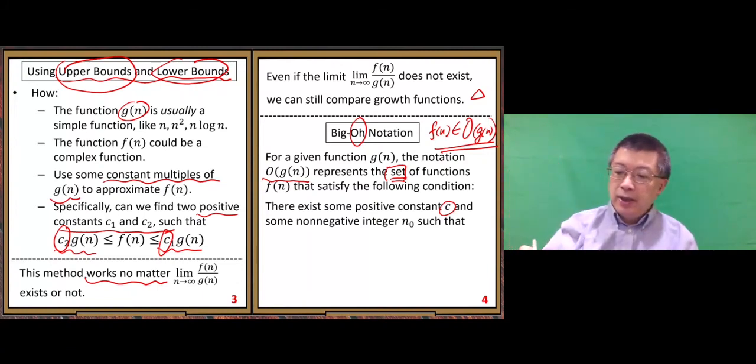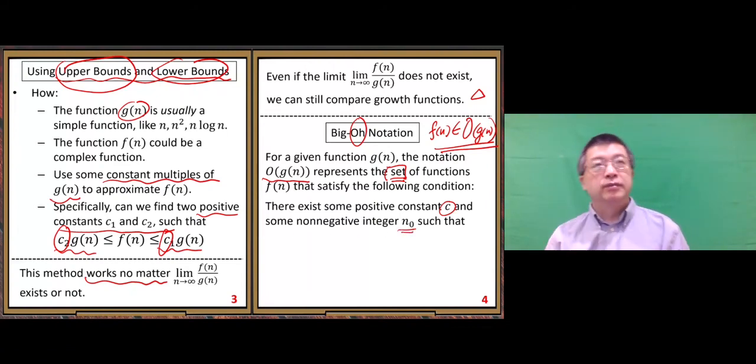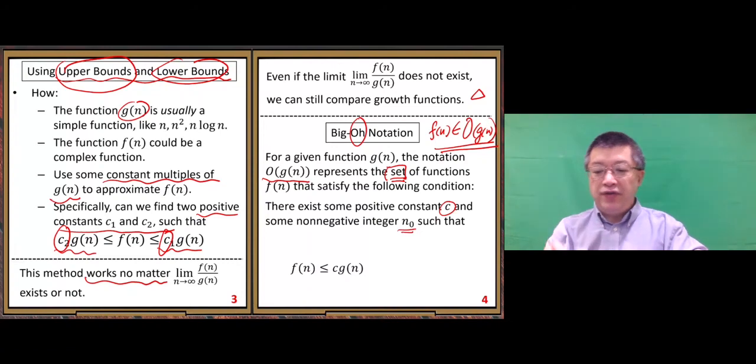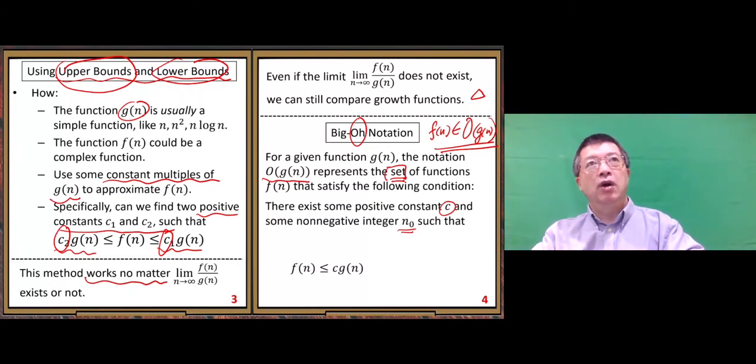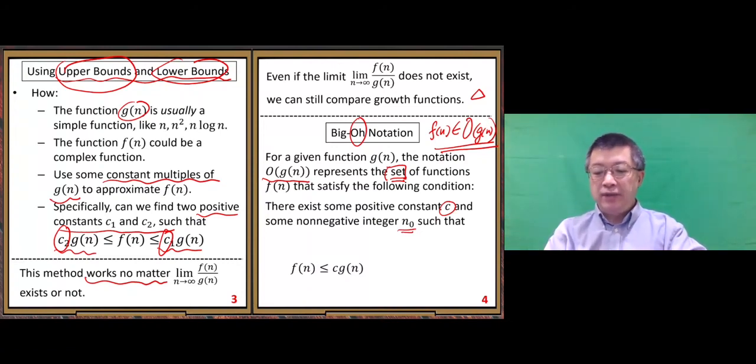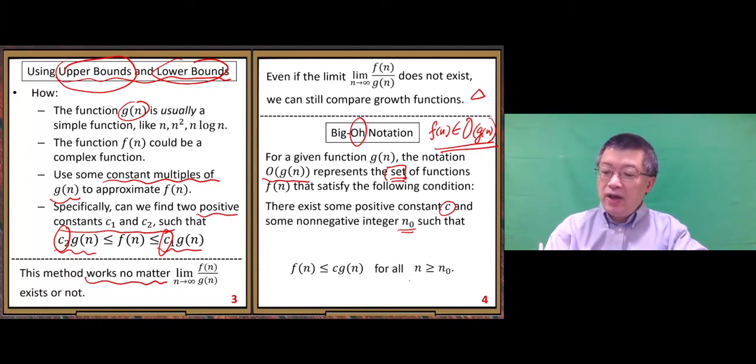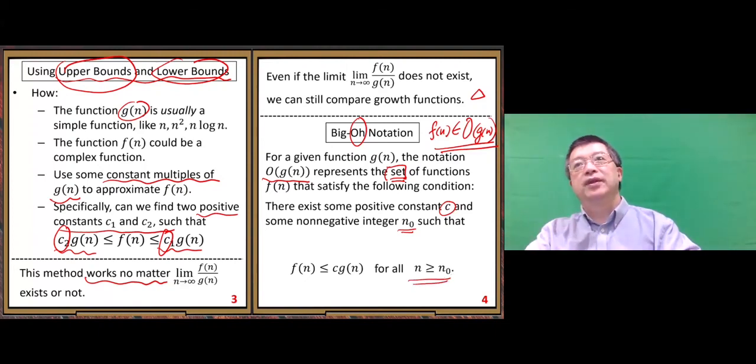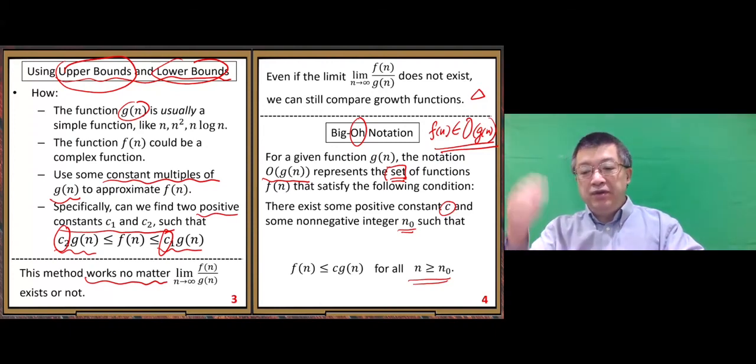And some non-negative integer n0 such that this inequality holds: f of n has an upper bound that is a c multiple of the g function for all n greater than or equal to n0. That's the definition of big O notation.